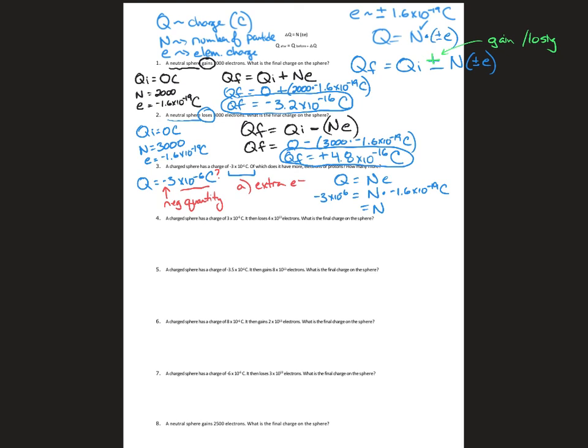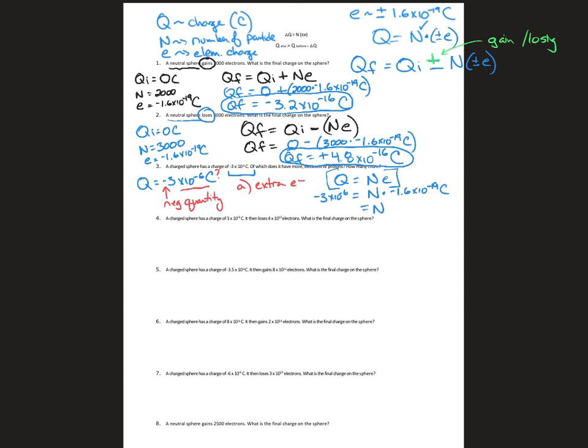I think due to a recording glitch, I might have had my audio off. But I've set up number 3, and in this case, the problem had a known charge of negative 3 times 10 to the negative 6th. Because it's a negative coefficient, we know that there must be extra electrons. And here you don't have to use a delta Q or a Q final and Q initial. You know the charge and you want to find N. So when you set it up and you put in your Q and your elementary charge for an electron, the N comes out to be a rather large number.